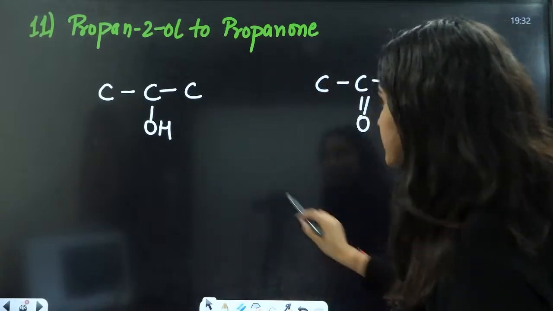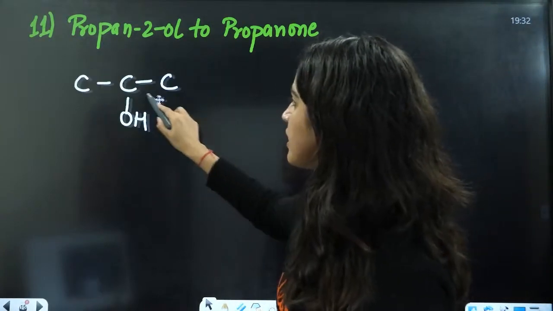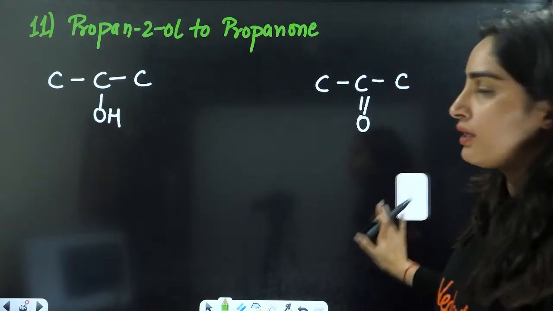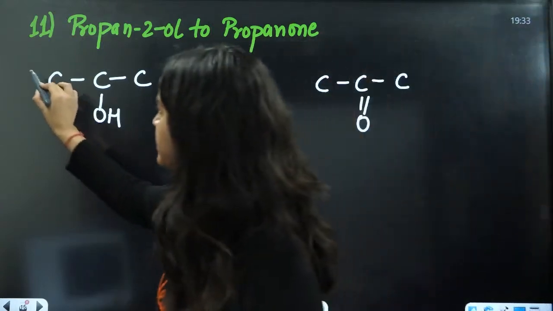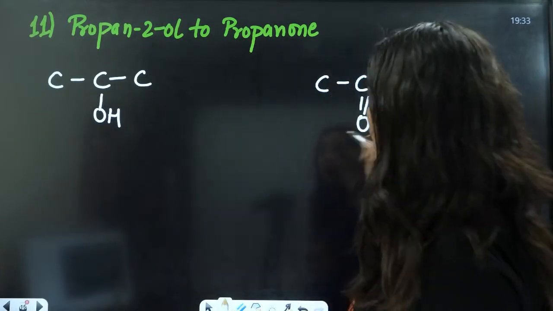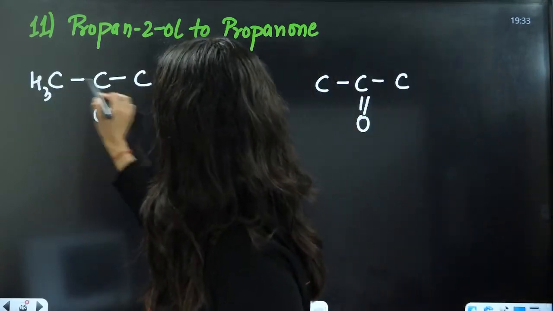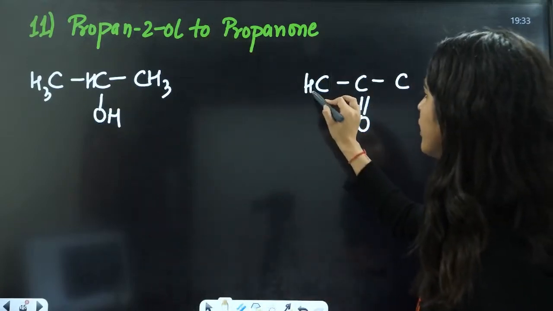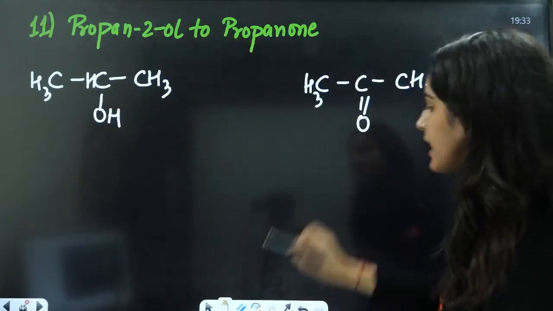Now tell me how you can do this. Very simple. You have a 2 degree alcohol here. To convert 2 degree alcohol to acetone. This is acetone, right?